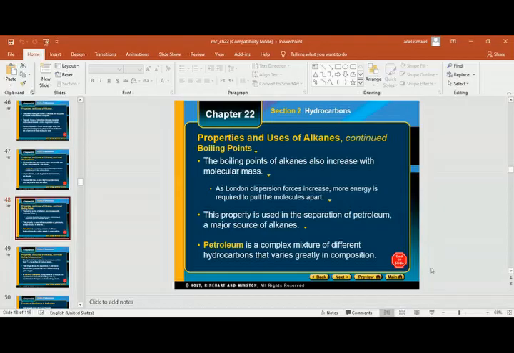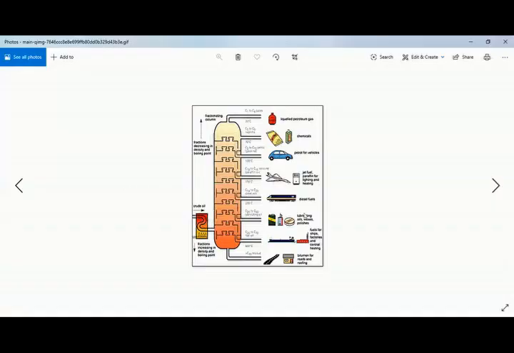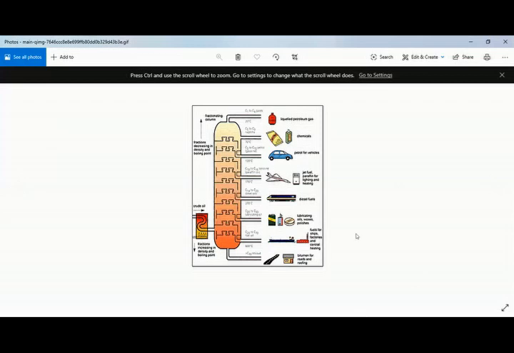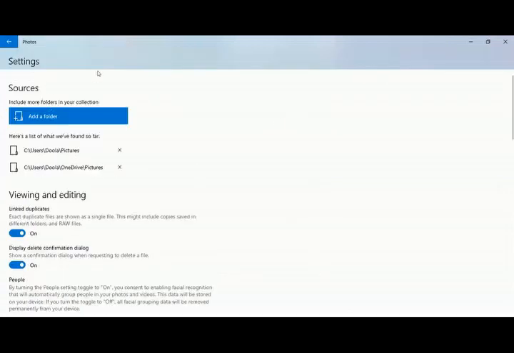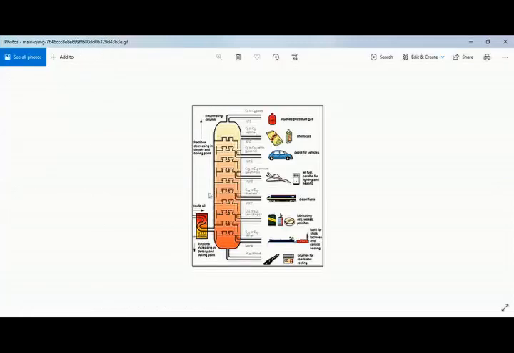Look at this picture. Okay, guys, this is the petroleum mixture, and you are going to see that I have different boiling points here, starting from 20 degrees Celsius, then 70, 120, 170, 270, till 600 degrees Celsius.